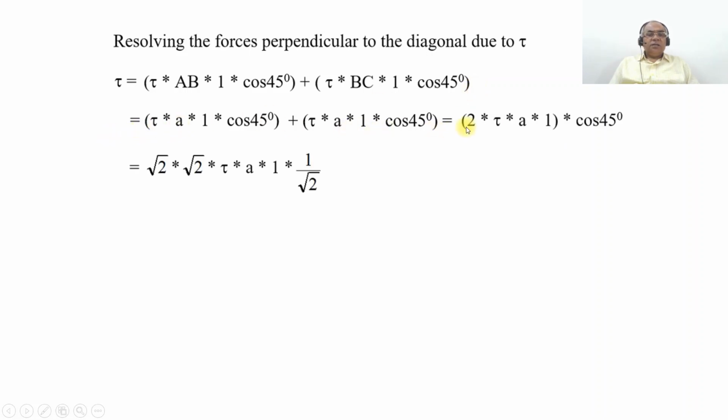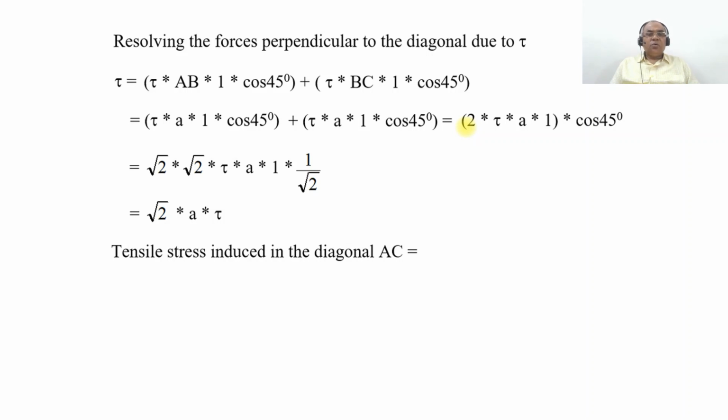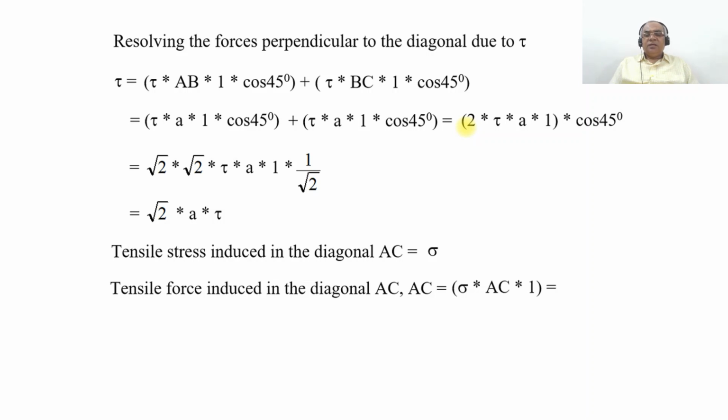Once you get that, root 2 into A into tau. So the tensile stress induced in the diagonal AC is equal to sigma. The tensile force is sigma, the stress, into the area of cross section, AC into 1. What is AC?